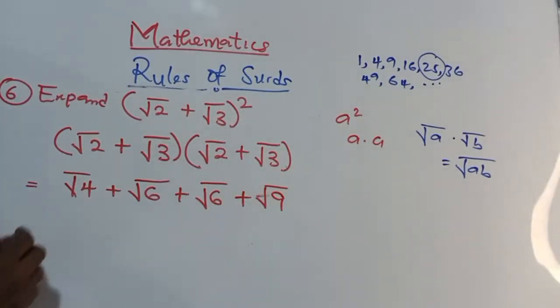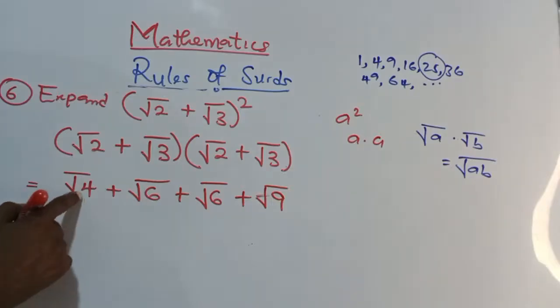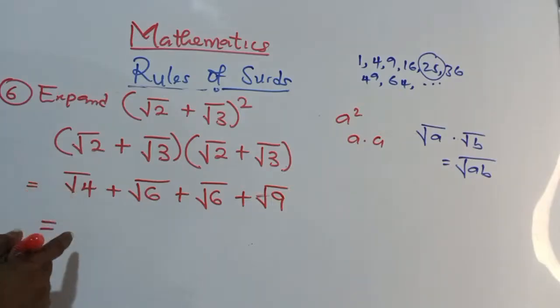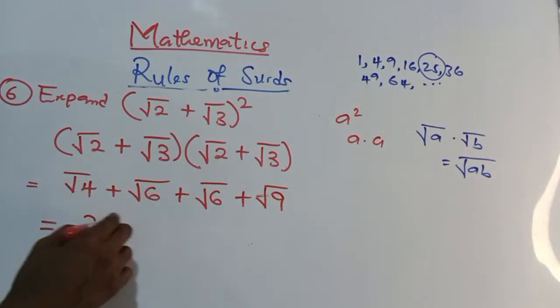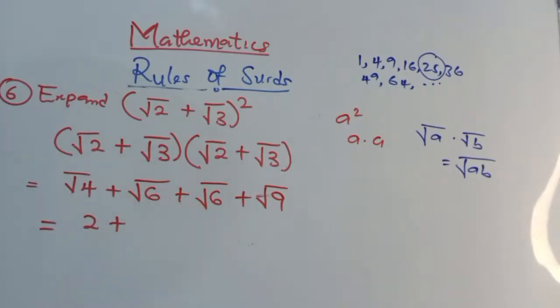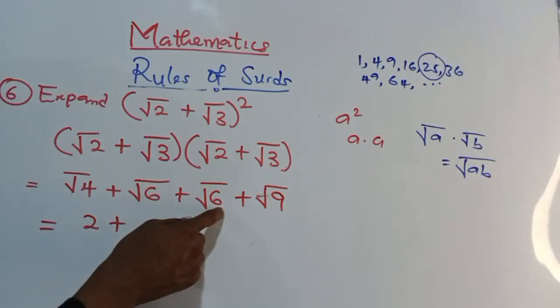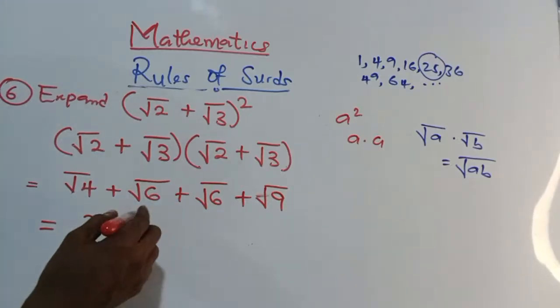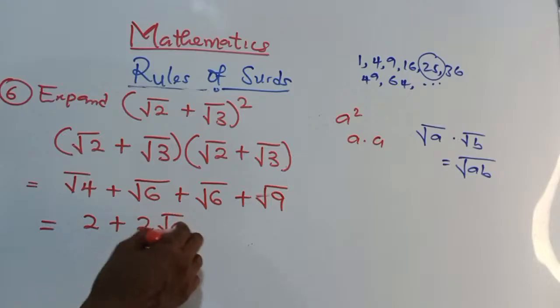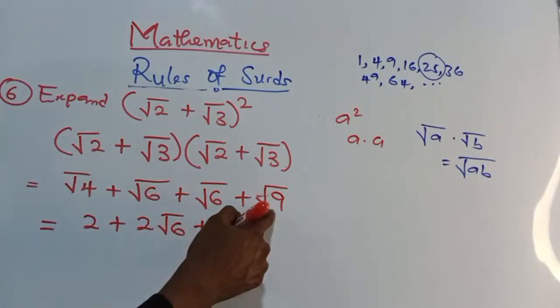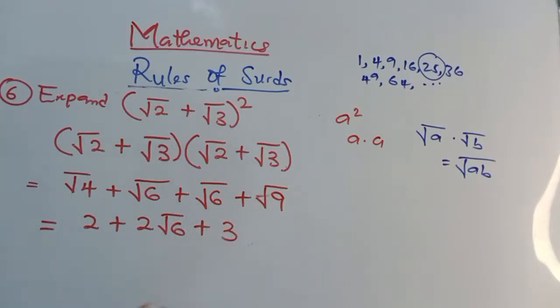Okay, so now we can find square root of 4. Square root of 4 is 2. So we have 2 plus, now these are root 6, they are common terms. Root 6 plus root 6, that is 2 root 6. We have 2 root 6 plus, what is square root of 9? Square root of 9 is 3.